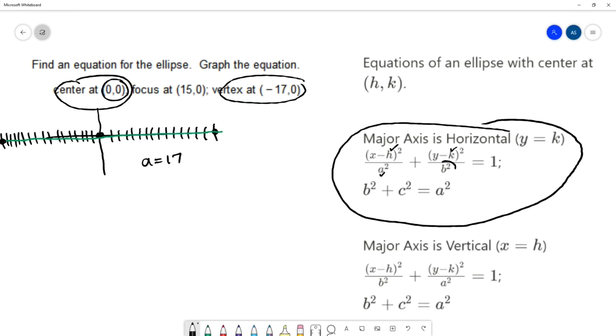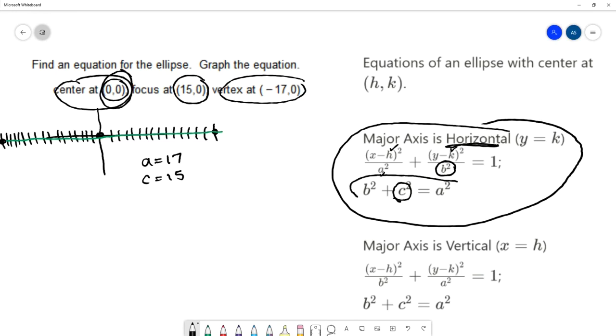I need to know b, the distance between the center and the minor axis. So it goes, instead of horizontally, vertically, and I don't have that information. But I do have information about c. c is the distance between the center and the focus. So I have the center and I have the focus, so I know that c is 15.